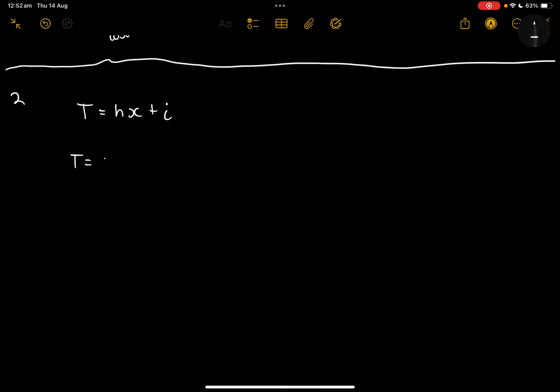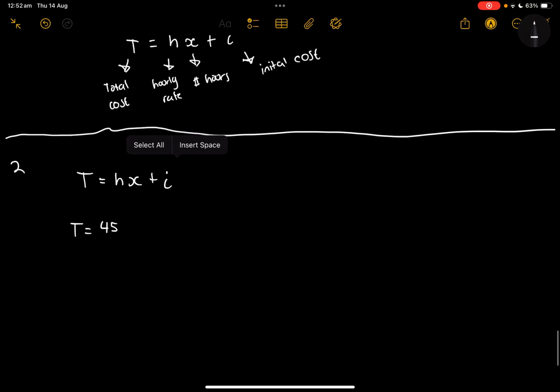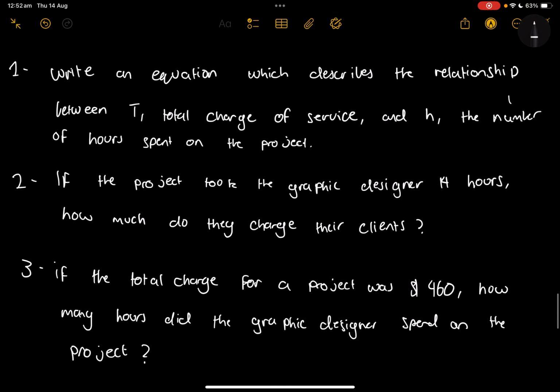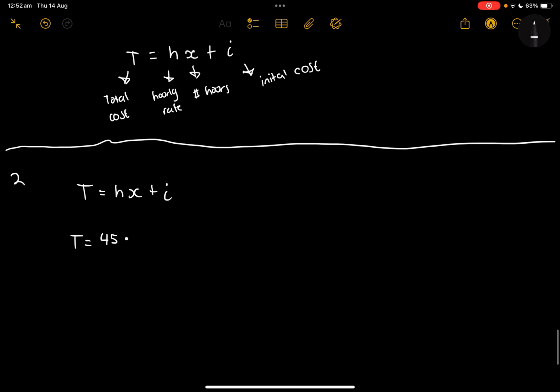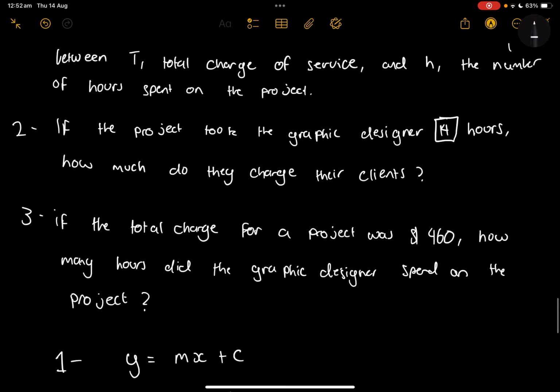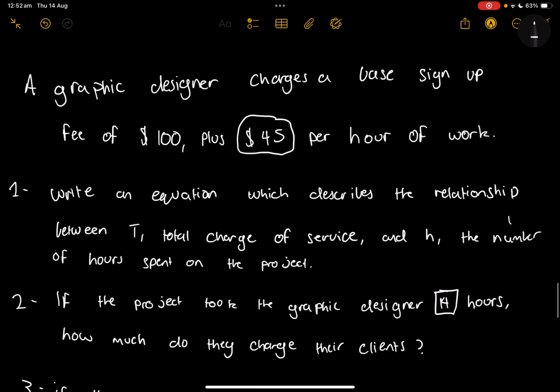So T is equal to 45 times the number of hours, 14, plus the total amount that they charge per service, $100.